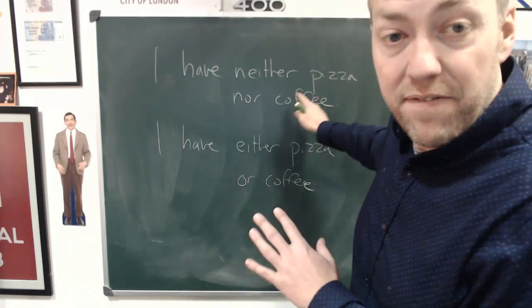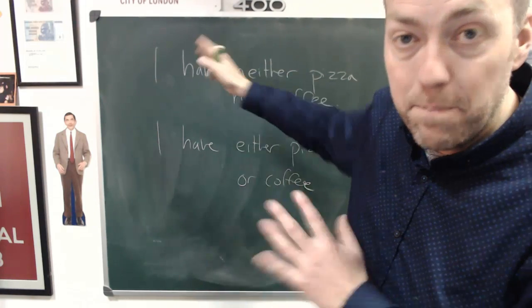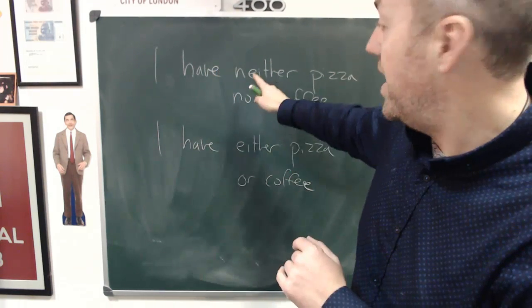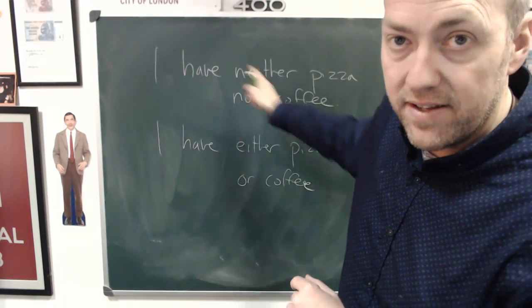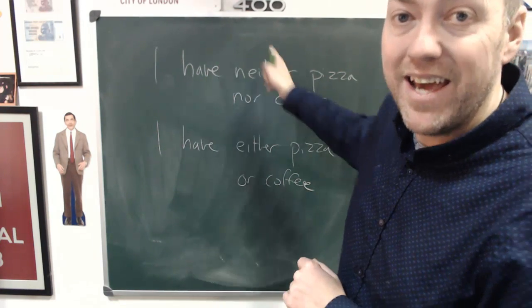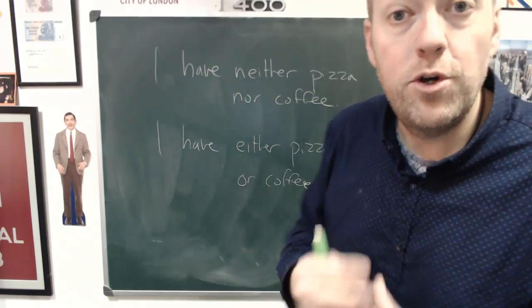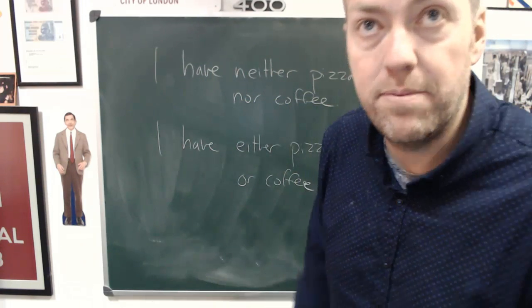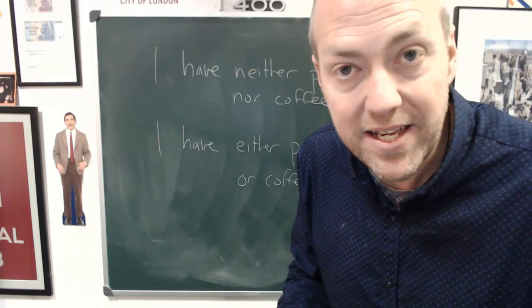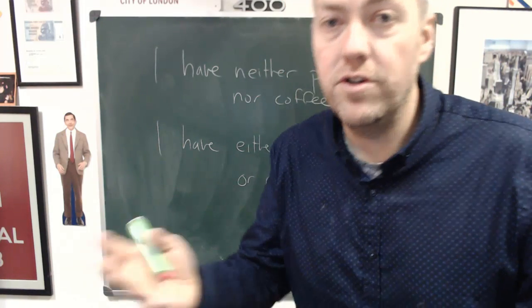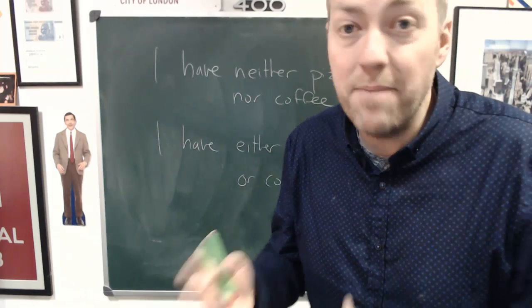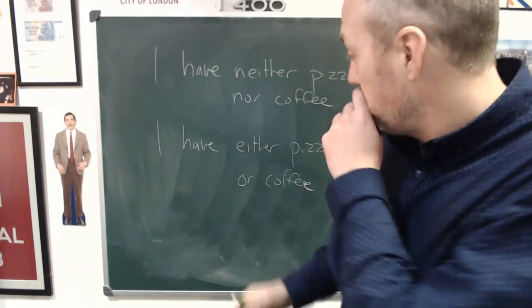I don't have pizza and I don't have coffee. Okay, so we are making a negative of the verb. Okay? You can make a negative of any verb, like I speak neither French nor Arabic. Okay, I'm saying I don't speak.